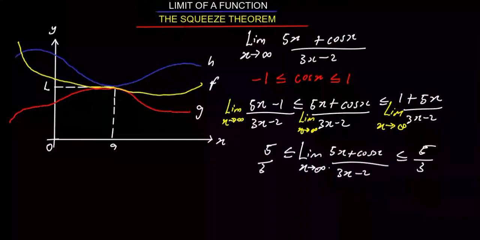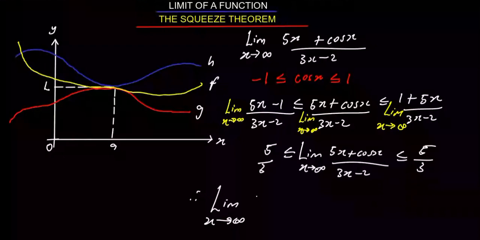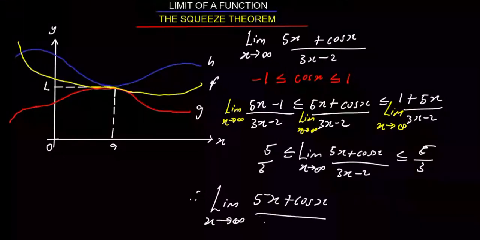Since this is squeezed between 5 over 3 and 5 over 3, therefore the limit as x tends to infinity of 5x plus cos x all over 3x minus 2 is equal to what? It's equal to 5 over 3. So that is the explanation on squeeze theorem.